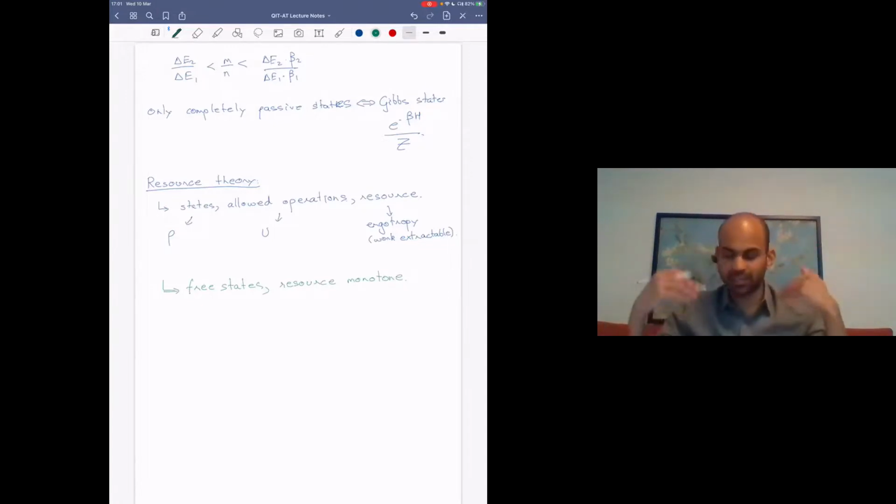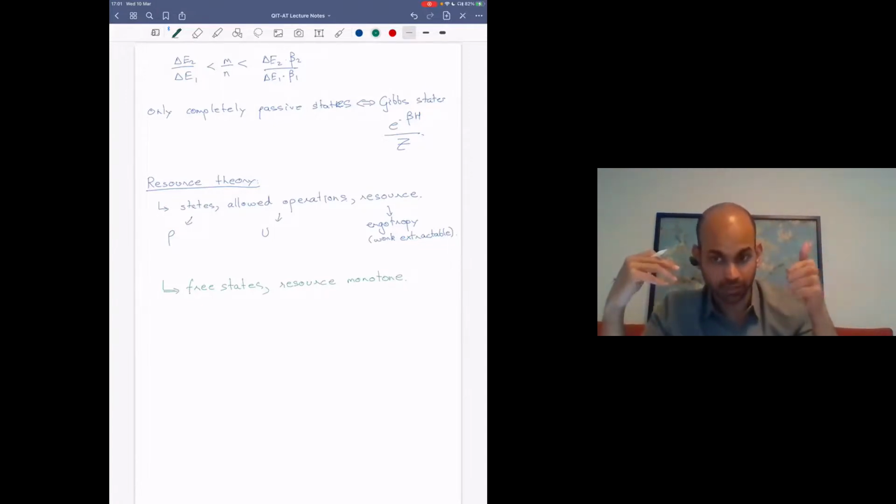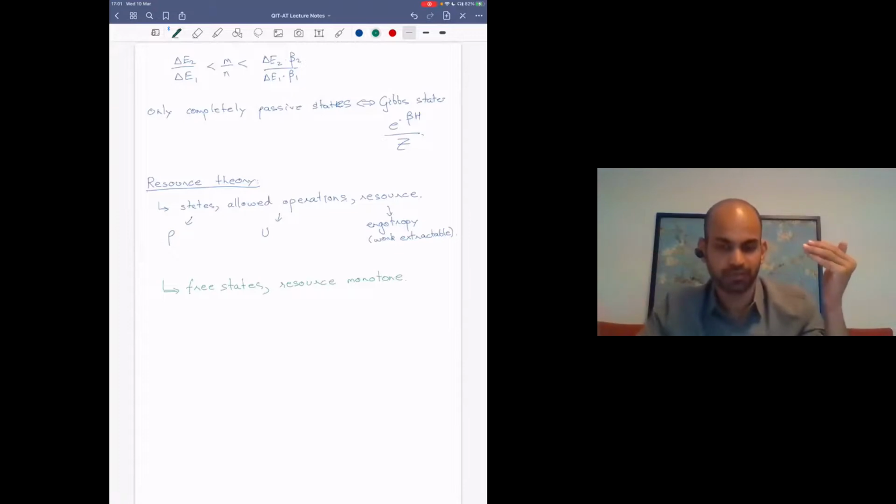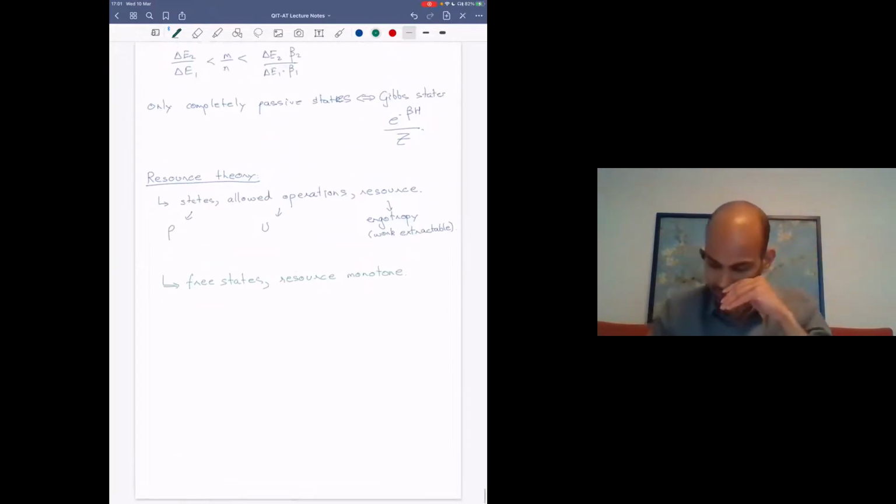What you get out of that is the set of free states, which are the things that you cannot extract any resource from. Sometimes you also get a resource monotone, which is a constraint on what state you are allowed to transform into what other state, or the amount of resource that you can get. Different resource theories, and we will discuss a number of them in the future, will have different results for these free states and monotones.